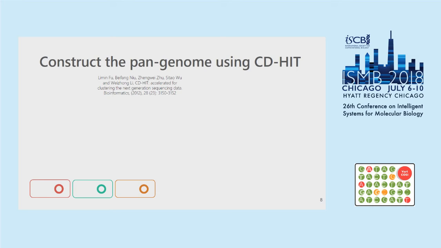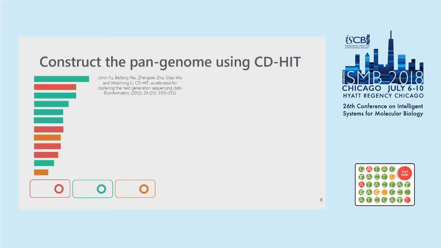And then we move on to construct a pan-genome using the program CD-HIT. So say we have 3 bacteria, the red one, the green one, and the orange one here. After all the open reading frames are predicted, CD-HIT will sort them by their length. Anything with greater than 95% amino acid identity will be clustered into a pan-genome cluster.